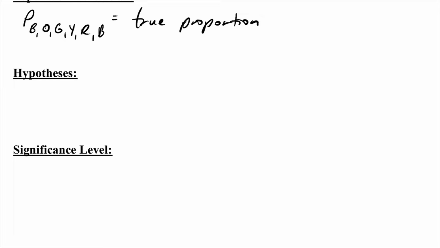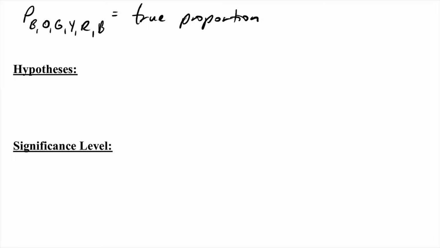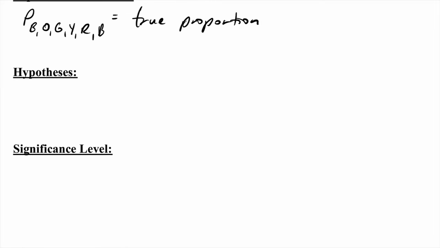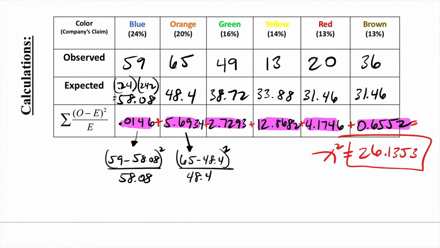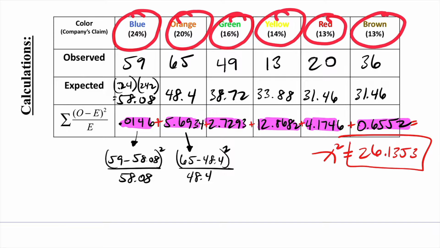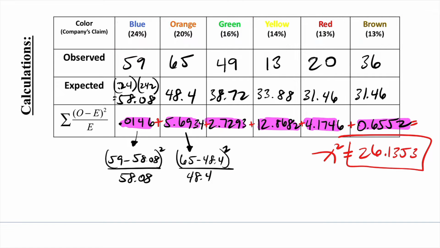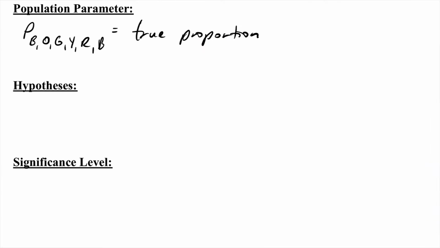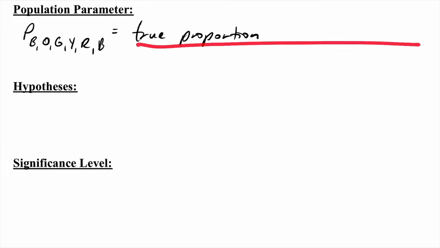So the true proportion of what? Each of those P's is this, right? The P for blue is 0.24. The P for orange is 0.20. The P for green is 0.16, and so on and so forth. So how do I write that in here?